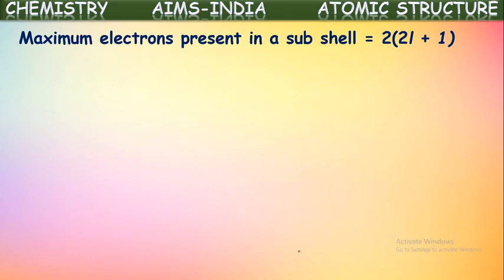The maximum number of electrons that can be accommodated in a subshell is given by the formula 2 into (2l plus 1).